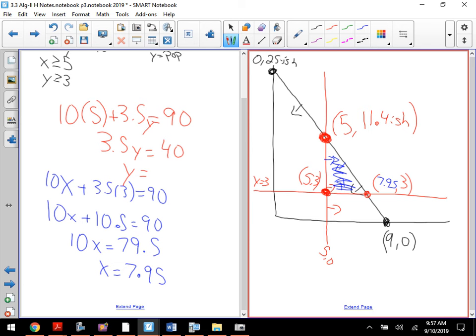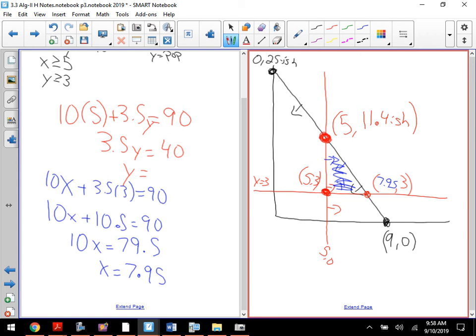Now, I'm going to blow that region up a little bit so you can see it better on the whiteboard. So this was what? 5, 3. 7.95, comma 3. And this was 5, comma 25-ish. Oh, I'm sorry. I was thinking of the intercept. Thank you. It's so precise.